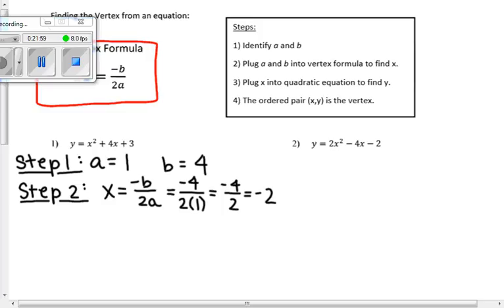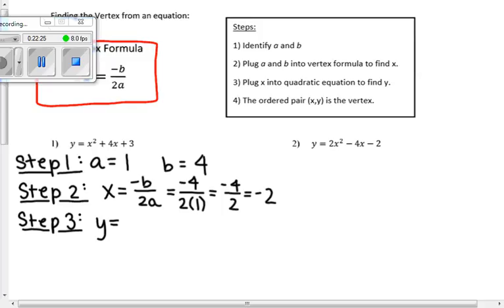But I'm not quite ready to write that ordered pair yet. I still need to go through with step 3, and I need to find the y value. In order to find the y value, I am going to take the original equation, which was right here, and plug in my x value anywhere I see x. I'm going to substitute.